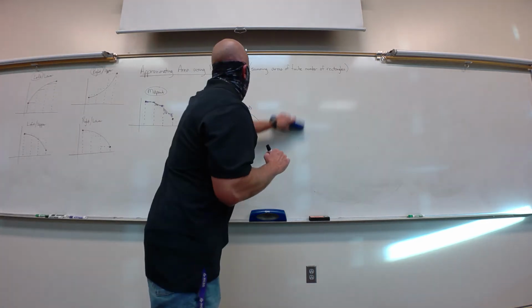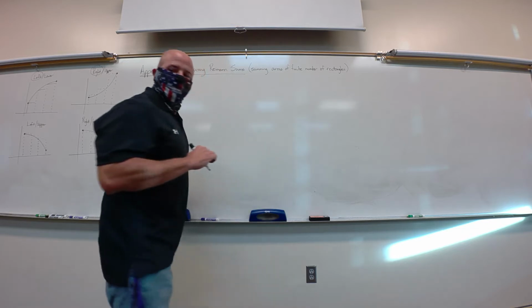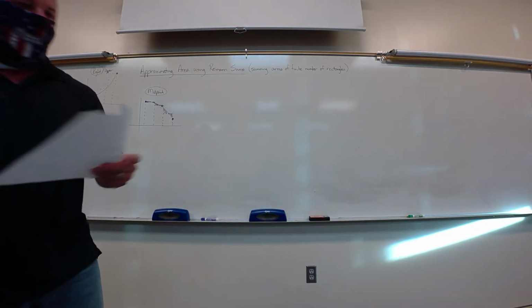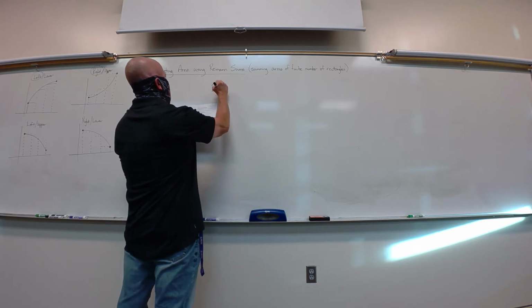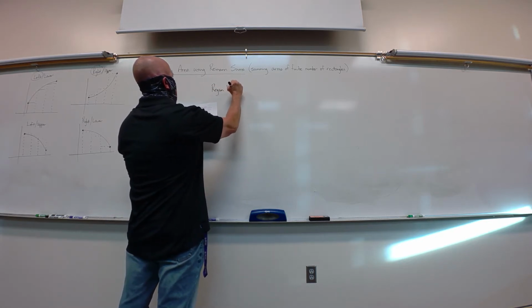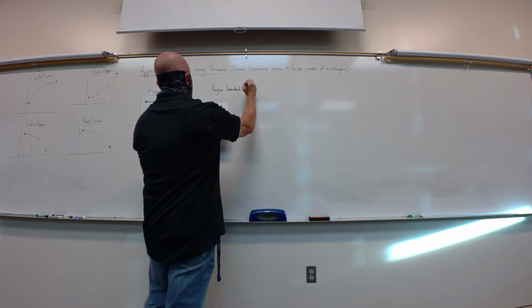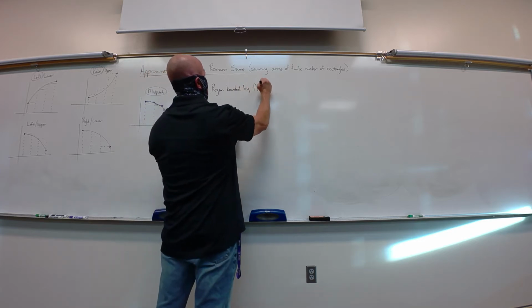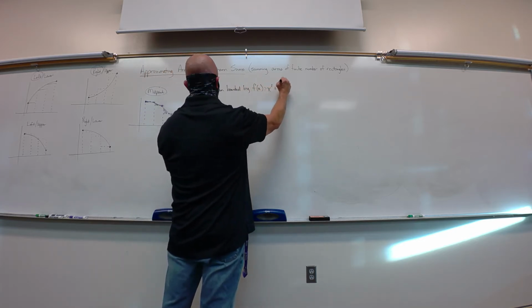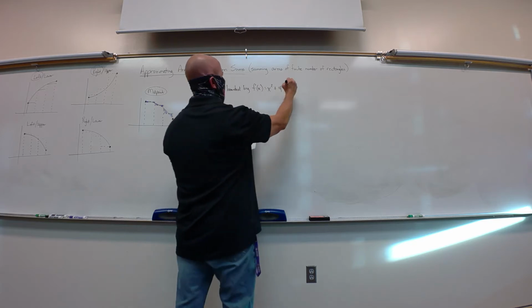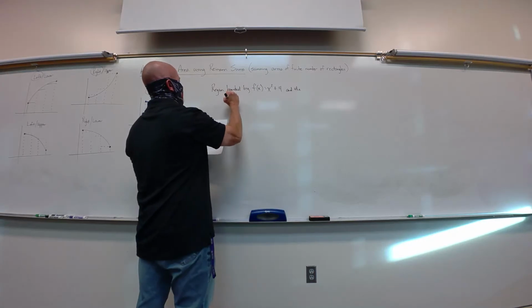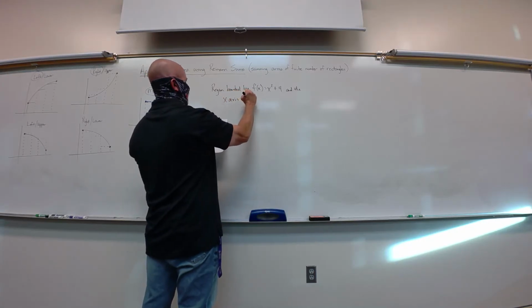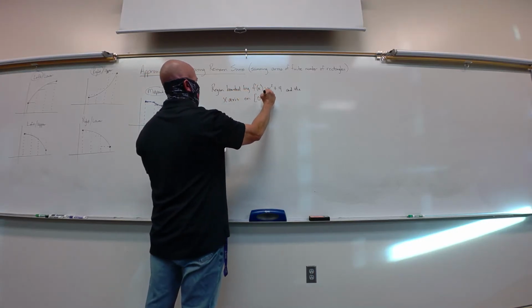Okay, now let's get an equation up here, and then we'll play with those rectangles a little bit. All right, let's say we have a region bounded by f of x equals x squared plus 4, and the x-axis on 0 to 4.